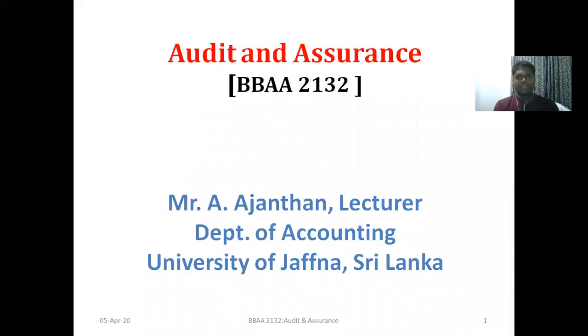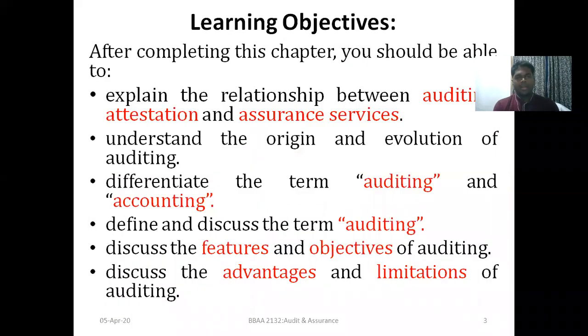These are the objectives. Yes, the first objective we already discussed in the previous video lecture. So today I'm going to talk about the second, third, fourth, and fifth. And if we have the time, we will discuss the last objective also. The second objective says understand the origin and evolution of auditing.